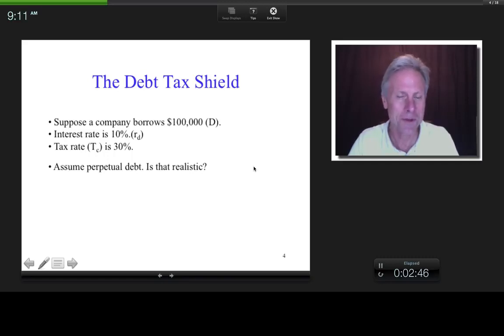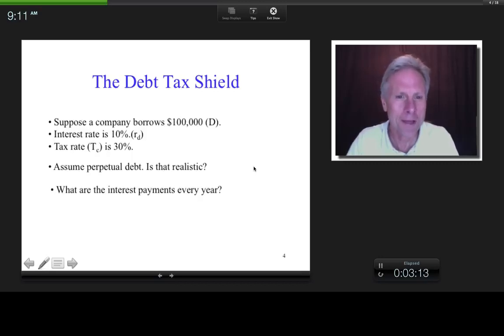That's not realistic. But what is realistic is, let's say a company has a target capital structure where they want to have $1 million in debt on an ongoing basis. Once the debt comes due, what could they do? Well, they could pay it off and then they could borrow it back again, right? So in any case, for the sake of the derivation of this formula, I'll assume perpetual debt.